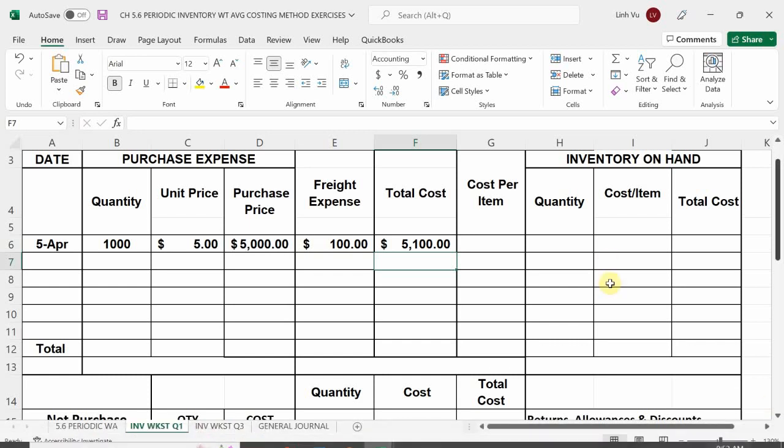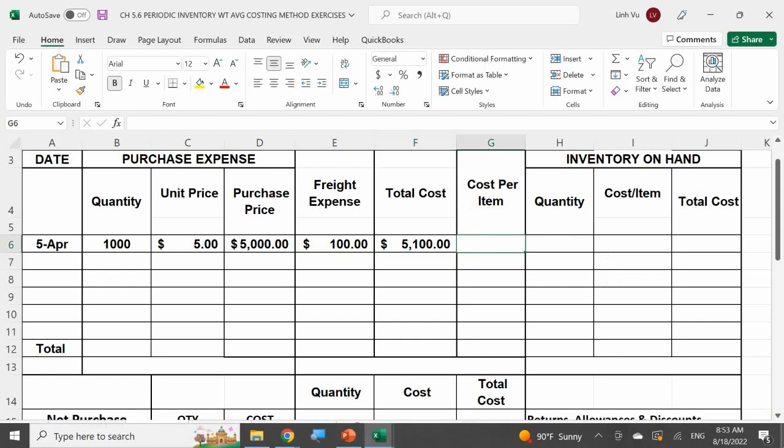So in this case, what would my average cost be? It'd be $5.10. Good.